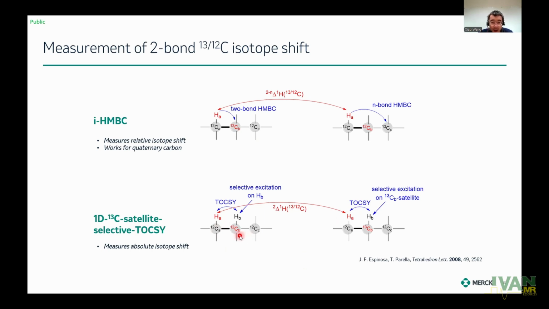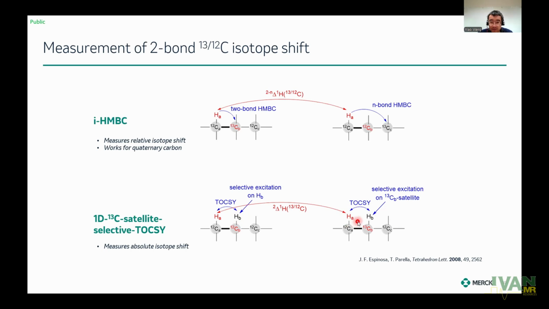But if carbon B is substituted by a C13 atom, then HB will show in the proton spectrum as the C13 satellites, on the two sides of the main peak of the C12 HB. If you run a selective TOCSY on this HB C13 satellite, through the TOCSY transfer you get the chemical shift of HA.